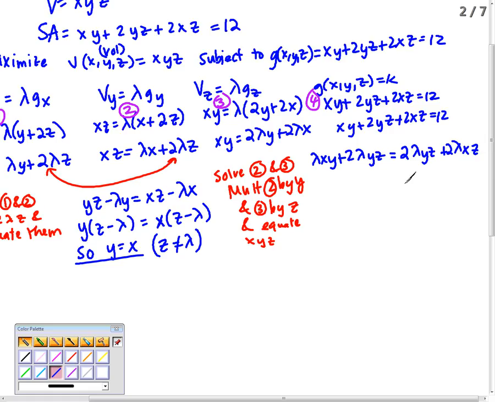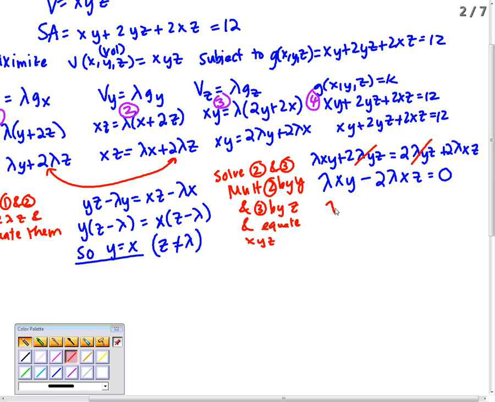I'm going to move everything to one side. Do you notice some things cancel? Gotta be real careful with my lambdas and my x's. Lambda xy, these guys cancel. Minus 2 lambda xz equals 0, right? This cancels, yes?